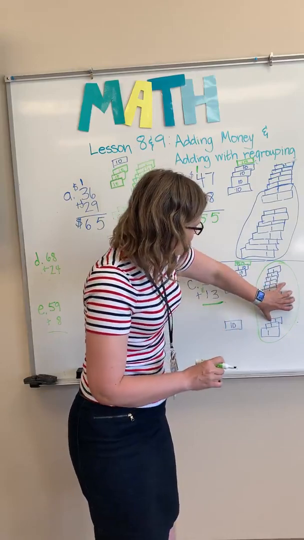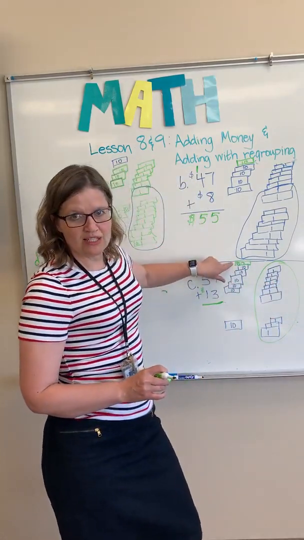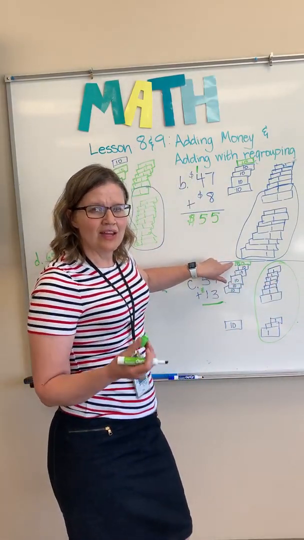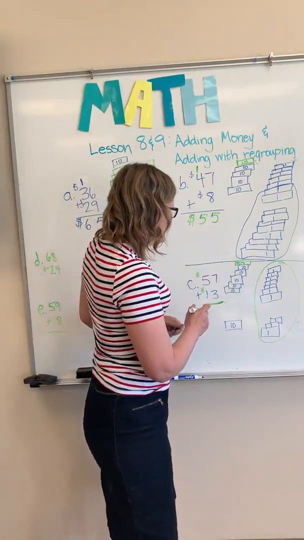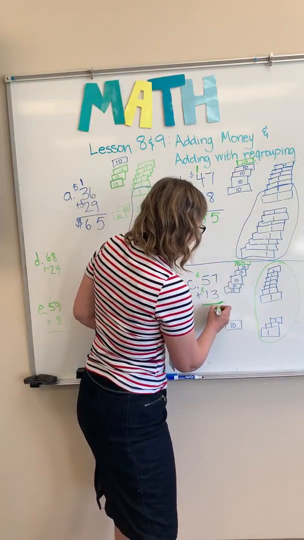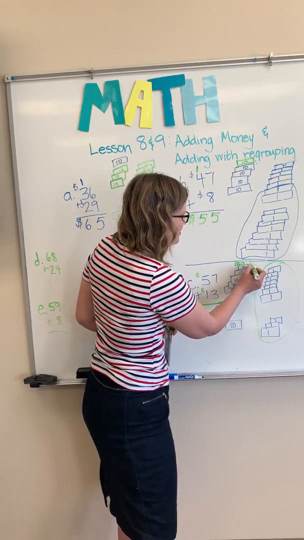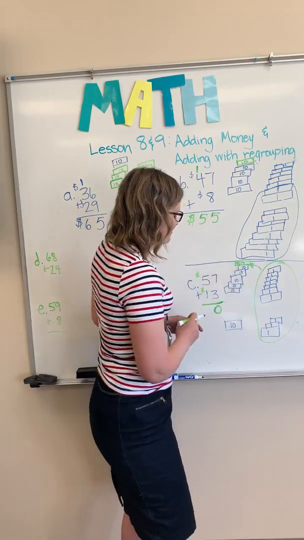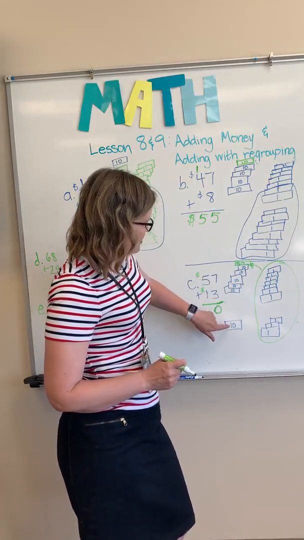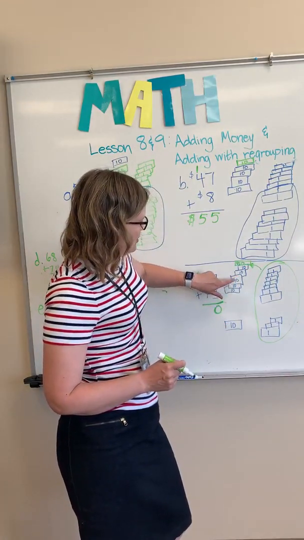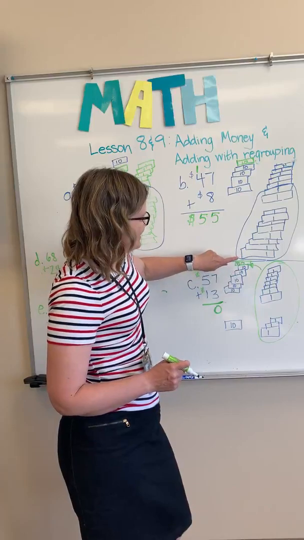So if we're moving this all over to our tens, that tells me that we have 0 ones. 0 ones are left because we've moved them all to the tens section. Let's count how many tens we have. 1, 2, 3, 4, 5, 6, 7.